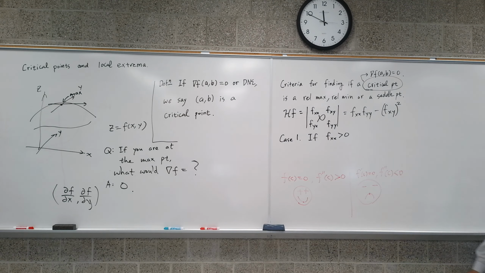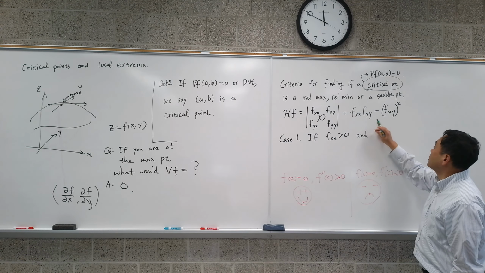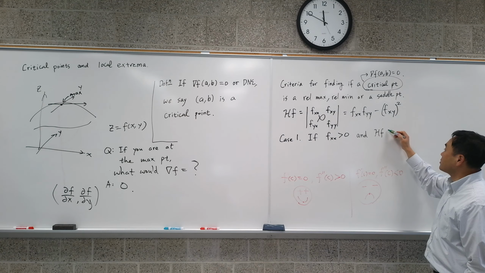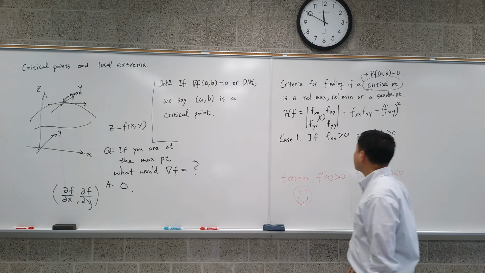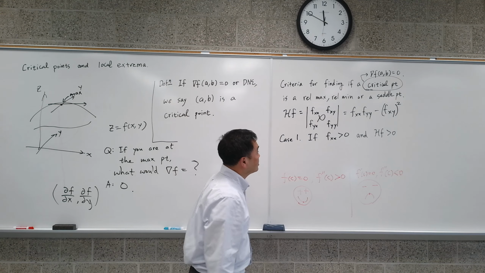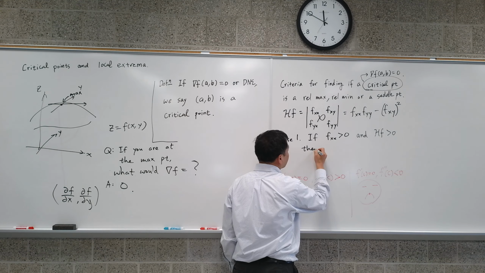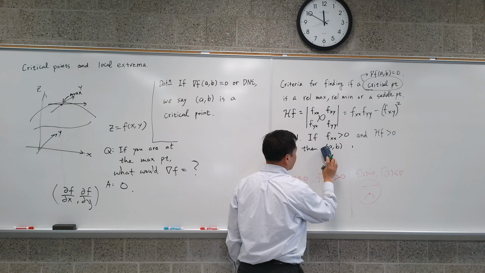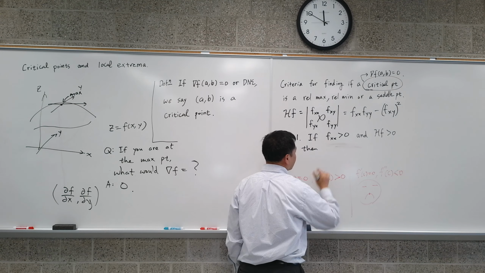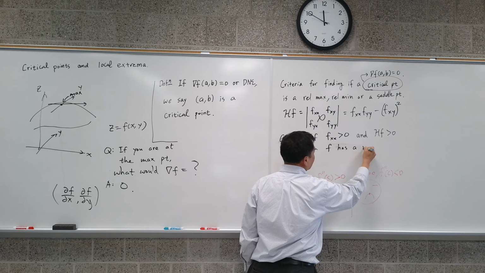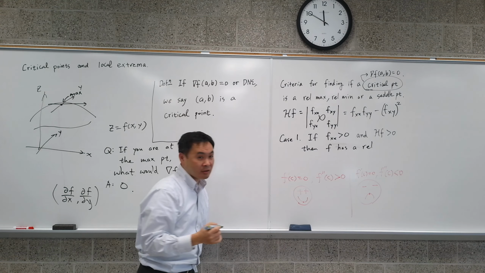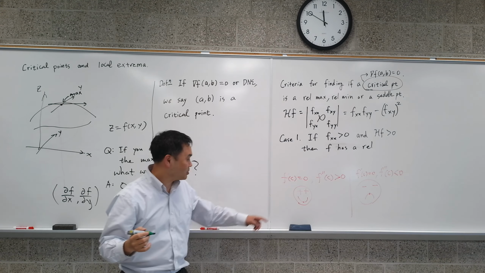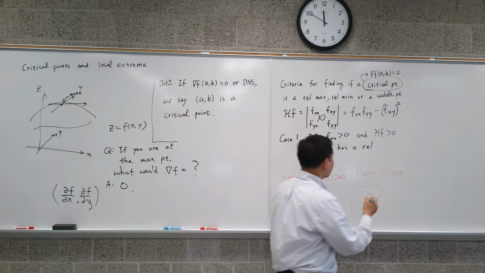And the Hessian of f is positive, then at (a, b), let's write it like this, f has a relative, what is it, max or min? Min.